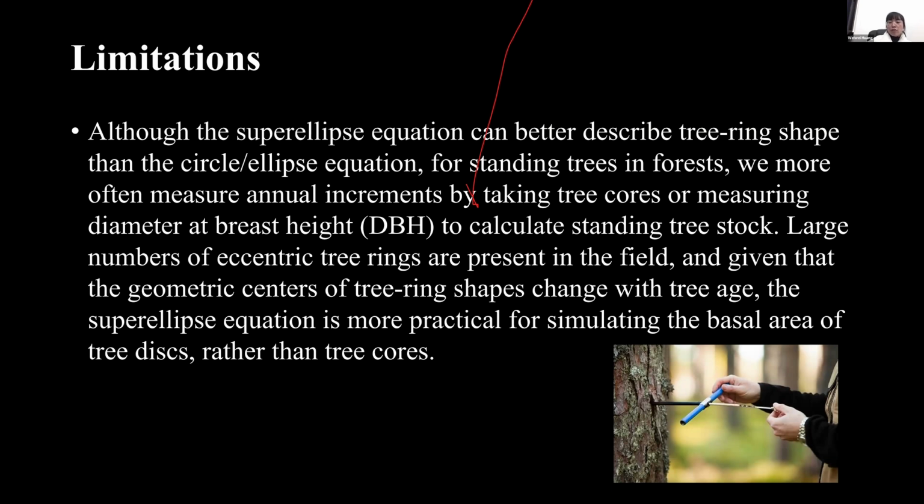They are changing position all the time from year to year, and the geometrical centers of tree ring shapes change with the tree age. So we think the superellipse equation is more practical for simulating the basal area of a tree disc rather than tree cores.